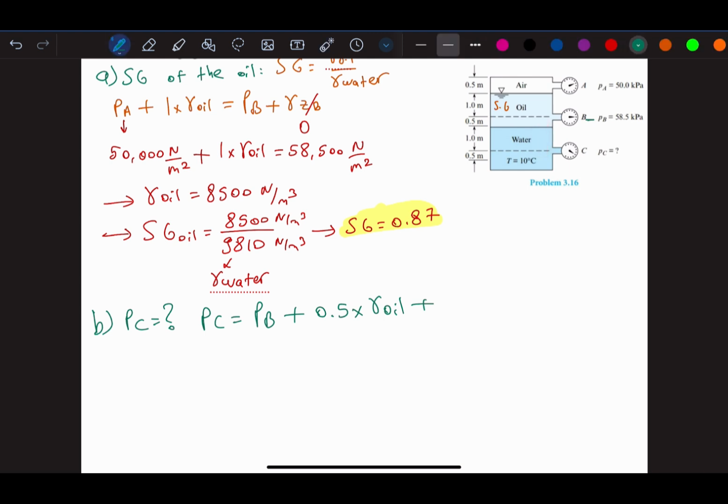So that we will have specific weight of water times 1 meter. So here we only take this value because we don't need to know upper side, because this is actually equal what we have here and here, so that we can directly continue with this known value. So we don't need actually do these calculations.